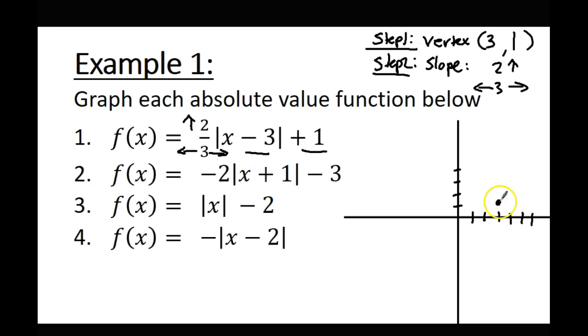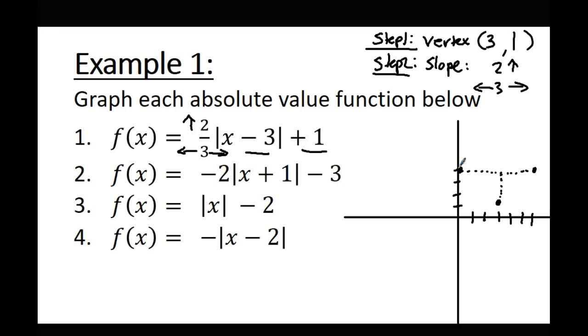Okay, ready? So rise 2, run 3. Rise 2, run 3. Put a dot at each one of those ends. So up 2, over 3, up 2, over 3.